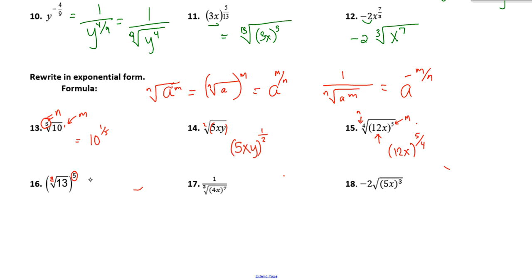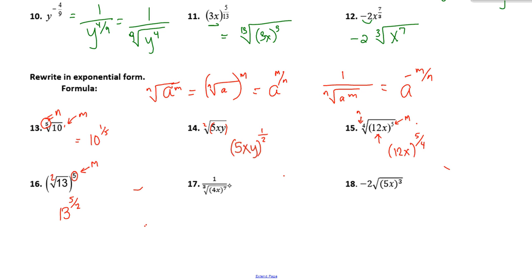And then there's also the 5. Since this is the power, outside or inside, it doesn't matter, that's your m. The shelf number is always your n. N is in Nancy. M is in Mary. So this is going to be 13 to the 5/2 power.